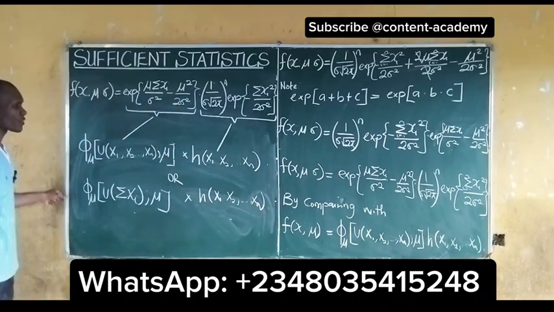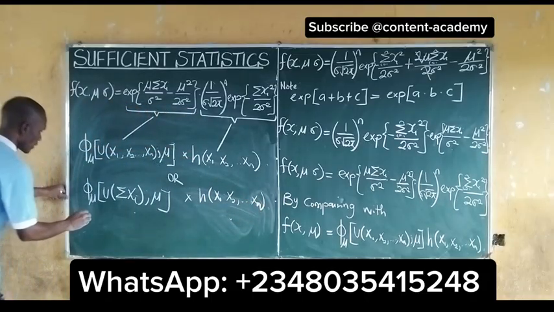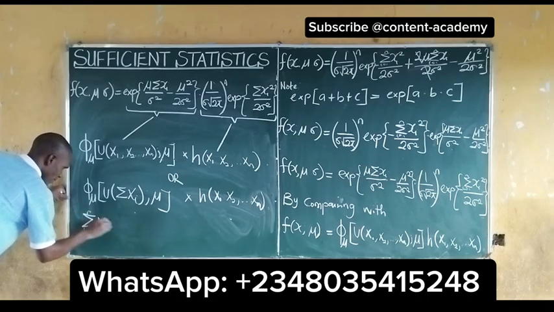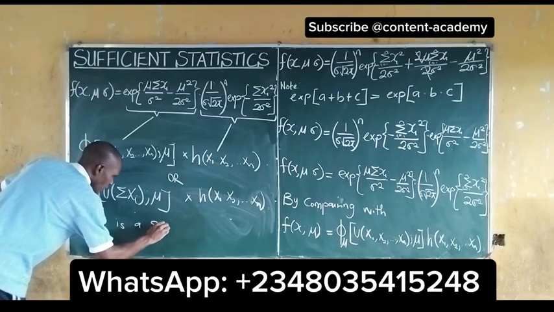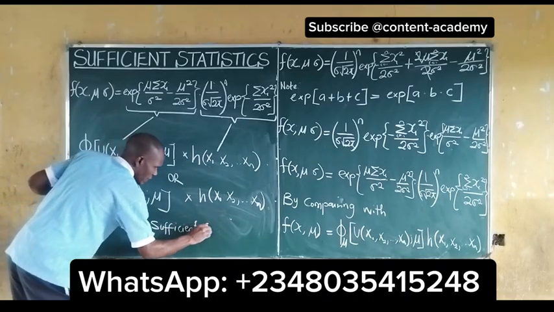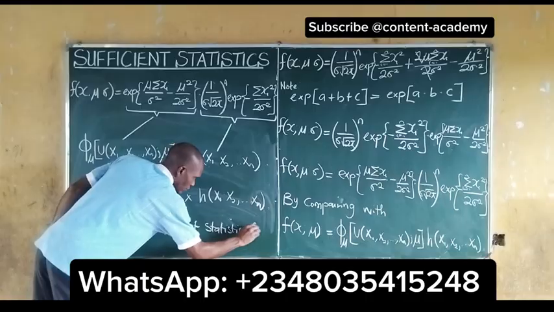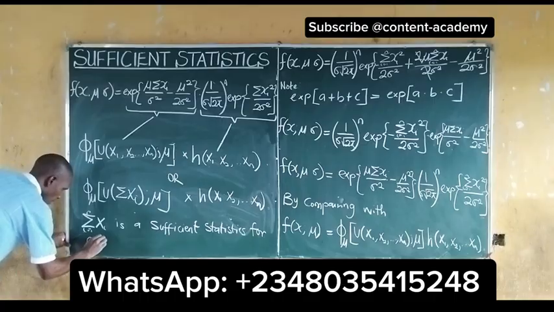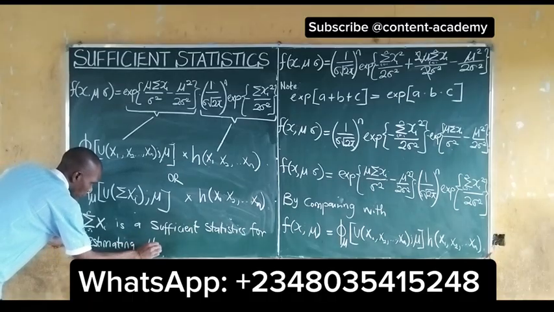So we are asked to find the sufficient statistic for mu. It then means that we can now say for sure that our mean is a sufficient statistic for estimating mu.